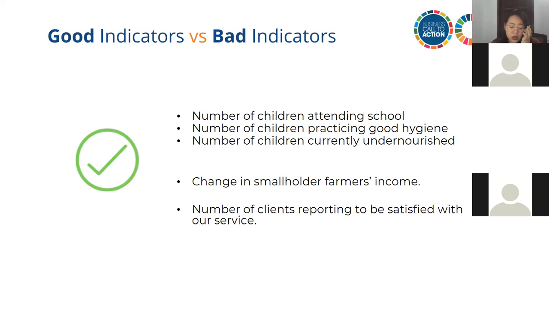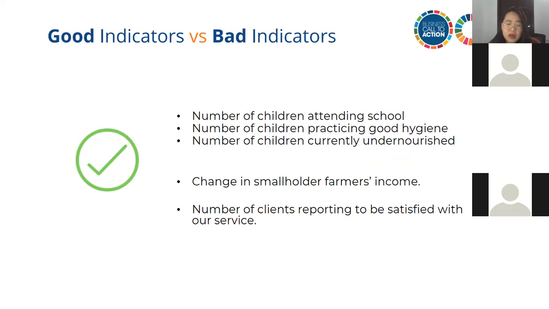Okay. So second one, confusing outcomes with indicators. Instead of saying increase in smallholder farmers' income, you say change in smallholder farmers' income. Okay. Why? Because what you're trying to do here is make sure that there is a change.